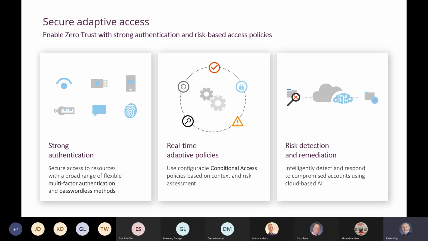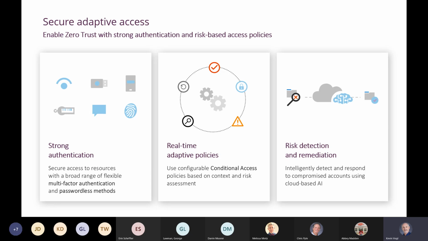All these things are available to you now as part of this process that Microsoft is using. And then real-time adaptive policies, things that are configurable for conditional access. Like I said, you might not have to do multi-factor authentication if you're sitting in an office.